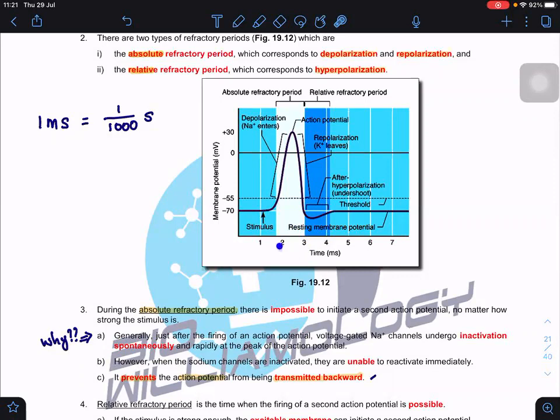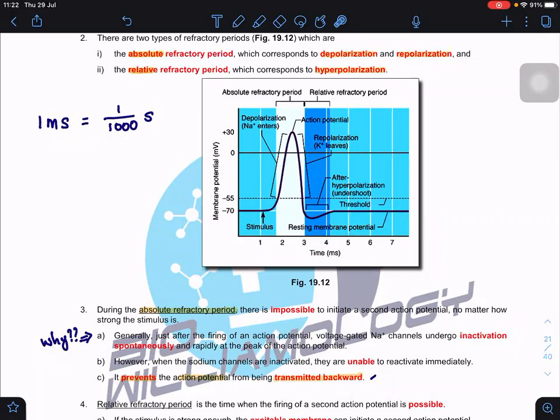Can you see that? Roughly 1 millisecond when you have the rapid depolarization followed by repolarization, and this is fixed. Are you clear? But the timing for this hyperpolarization can be shorter or longer, depending on how fast we want to generate back the resting potential.